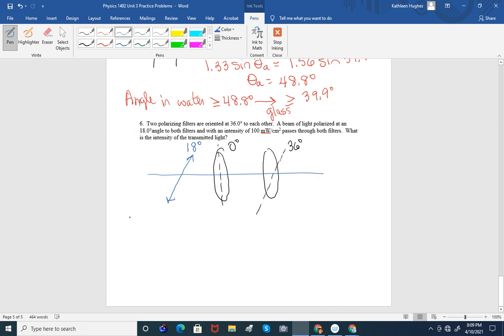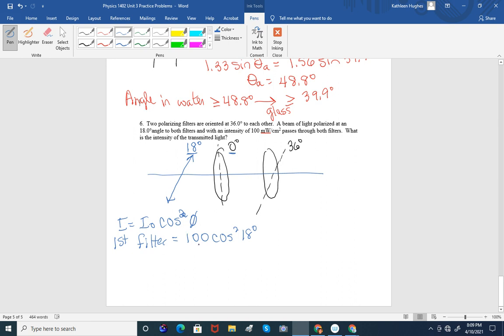All right, our formula says I equals the initial intensity times cosine squared phi. So if we look at the first filter, that is going to be 100 cosine squared 18 degrees, because the angle between 18 and 0 is 18.